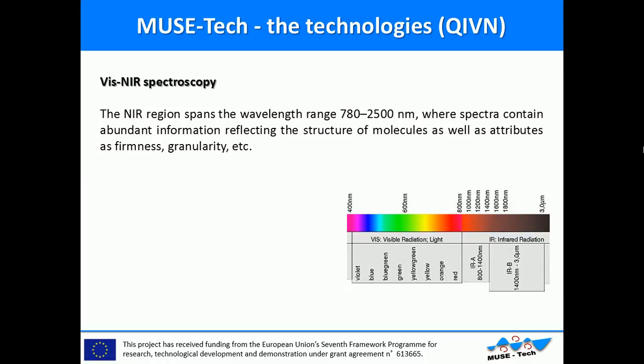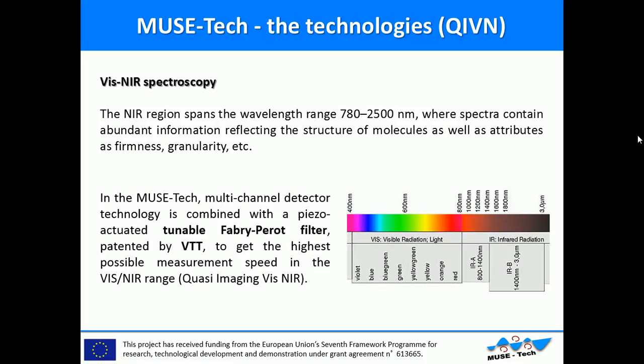We know that the NIR region spans the wavelength range from 780 to 2500 nanometer, where spectra contain abundant information reflecting the structure of molecules, as well as attributes such as firmness, granularity, etc. In the MUSE-Tech project, multi-channel detector technology is combined with a piezoelectric actuated tunable Fabry-Perot filter, patented by VTT, to get the highest possible measurement speed in the visible NIR range.